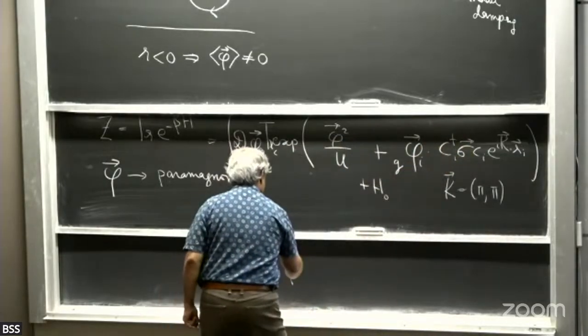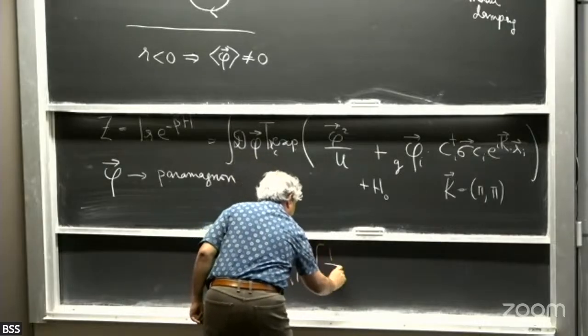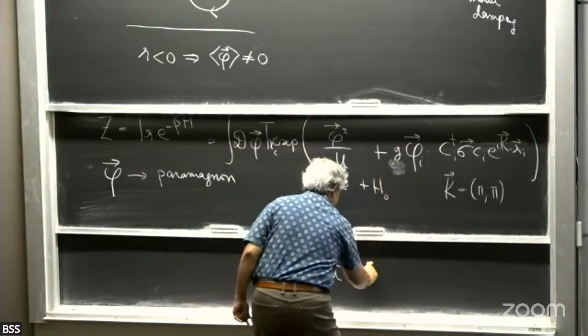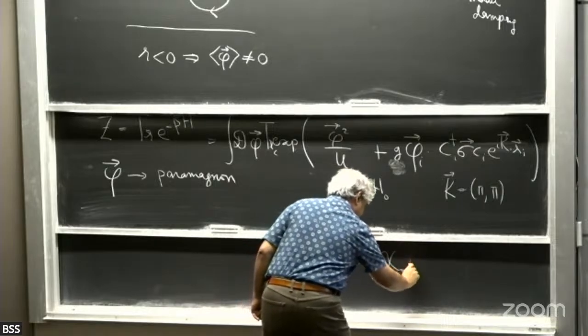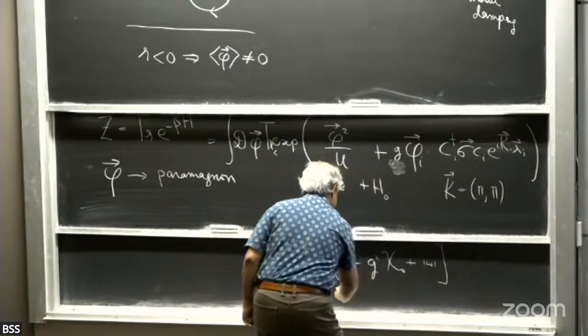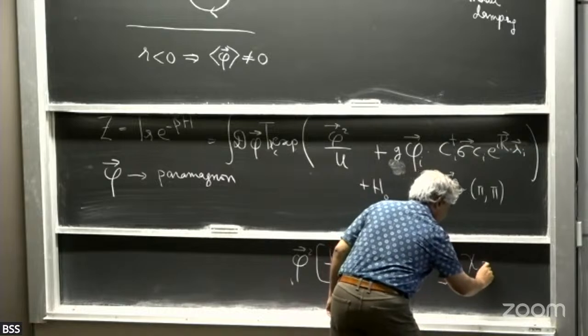Then the coefficient of phi squared will be 1 over U. And then let's call this g. Then at order g squared, there'll be a minus g squared chi 0 plus mod omega if you want. And this is r. And chi 0 is just the zero momentum part of this bubble.